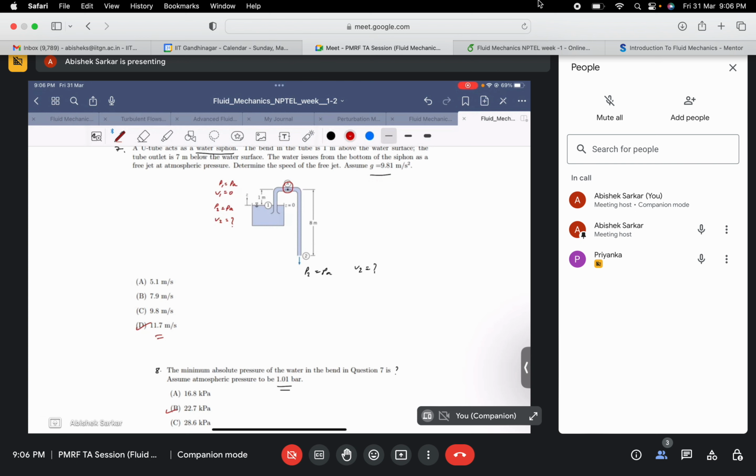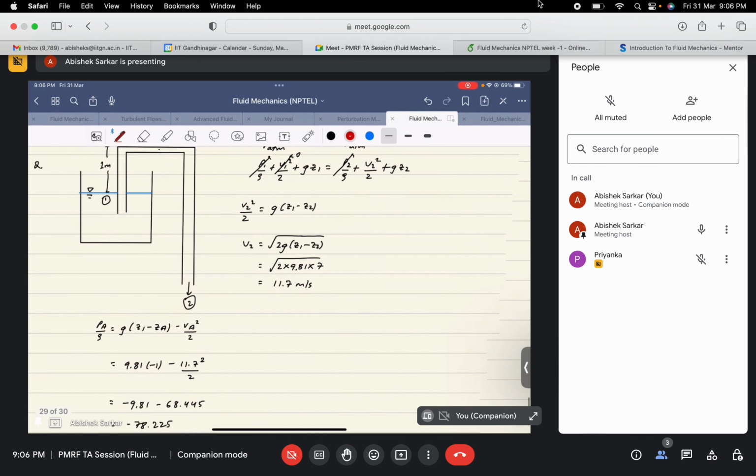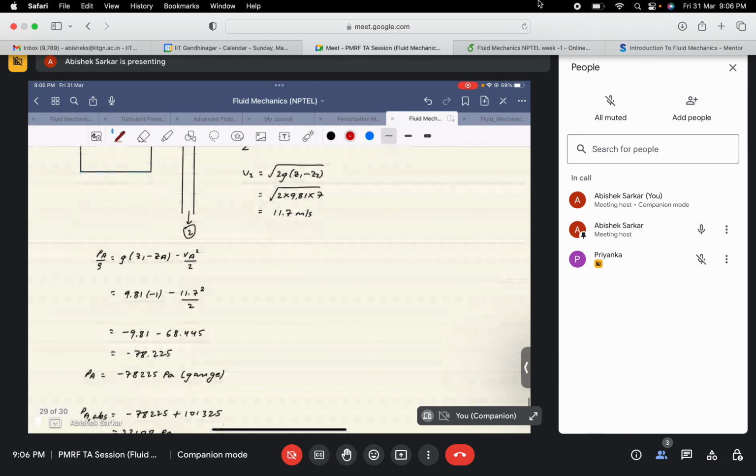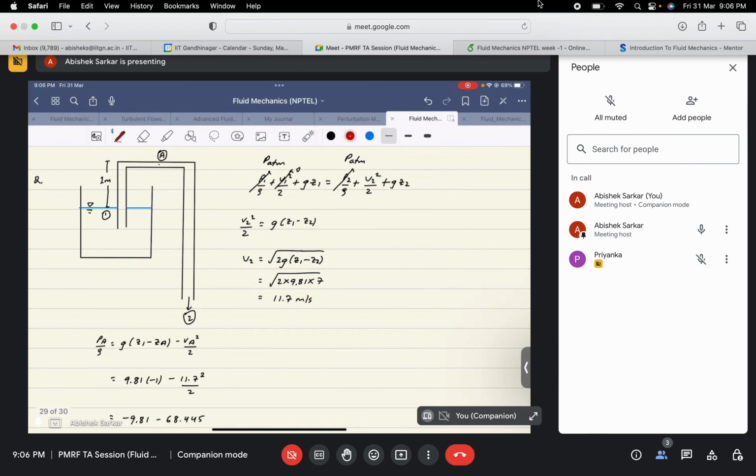In my case, I guess I've obtained at points 1 and A. That's fine. So again, this is simplified from the Bernoulli's equation. I'm just showing my approach, but we almost got the same answer.